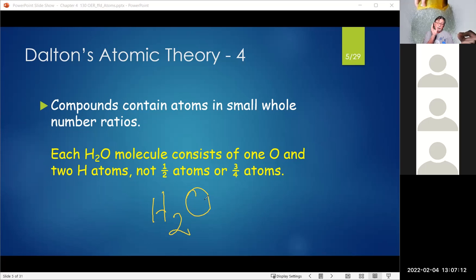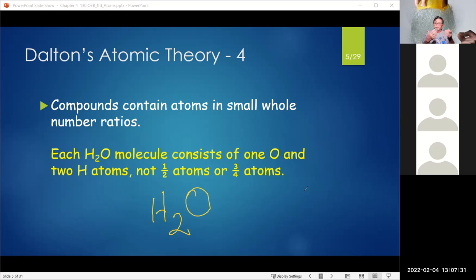Now, 99% of the time when we write formulas, the first element written is what we call the central atom. Normally there's a central atom, and then anything that's bonded to the central atom comes after that.